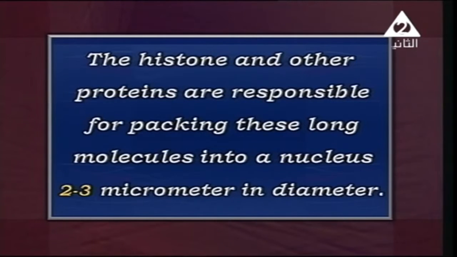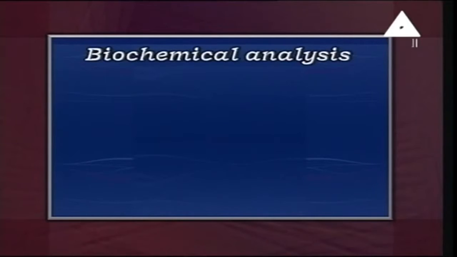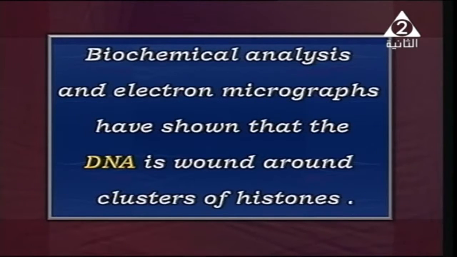While the histones and other proteins have an important role in the packing of this high length, to package it in just a tiny diameter of about 2 to 3 micrometers. But biochemical analysis and also electron micrographs have shown that the DNA is wound around clusters of histones.